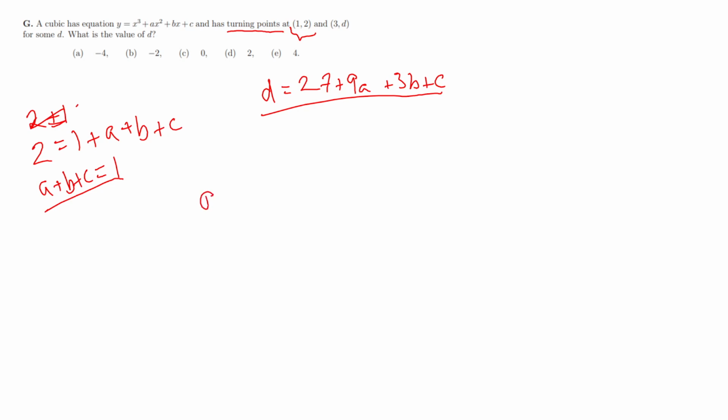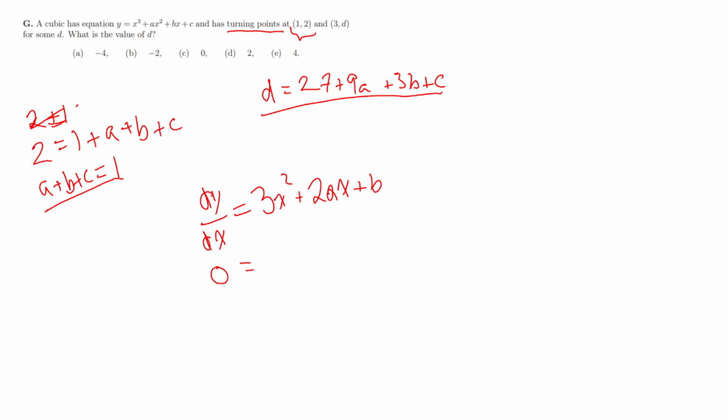So dy over dx equals x cubed differentiated, which is 3x squared. ax squared differentiated will become 2ax. And then we will just have b. The x disappears and we're just left with b. And we know that for the turning points, this must equal 0, because a turning point is when there is no gradient.